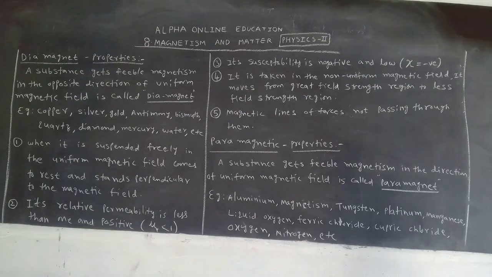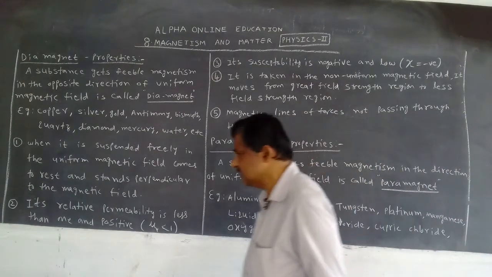Oxygen is available in liquid form also, that we can use in hospitals for the patients. Liquid oxygen, ferric chloride, cupric chloride, these all are liquids. Oxygen, nitrogen, helium, etc. gases are examples for paramagnets.